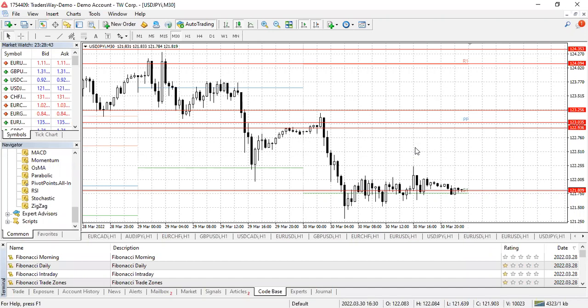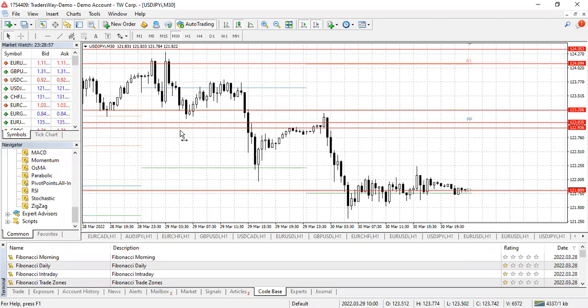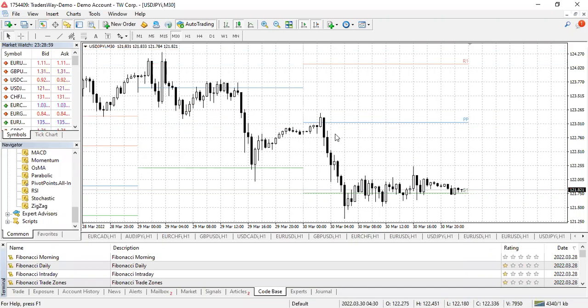So another thing we need to take note of is that we have to be able to mark out the other key support or resistance levels in the markets. So even though you have, let me clear everything.